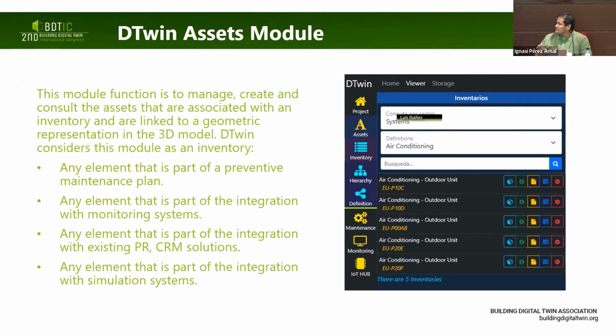So, for example, you have one building and you want to group living spaces. You say, I want to create my systems for air conditioning, all that HVAC system, to integrate or relate in that inventory.